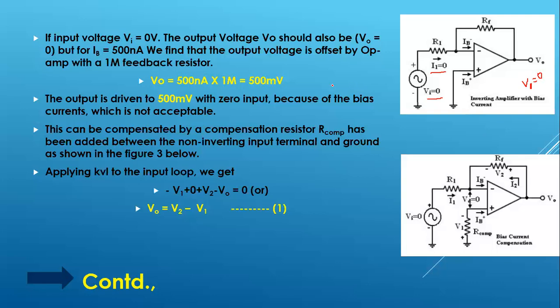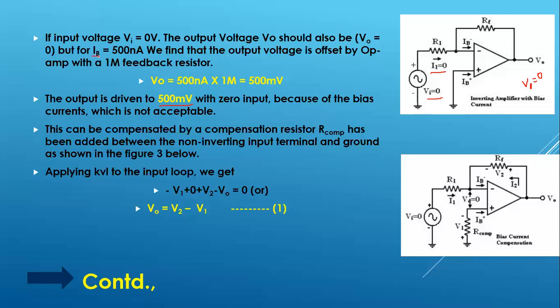But practically you will get some 500 millivolts output voltage. This output voltage is called an offset value, and it is obtained because of the bias current.